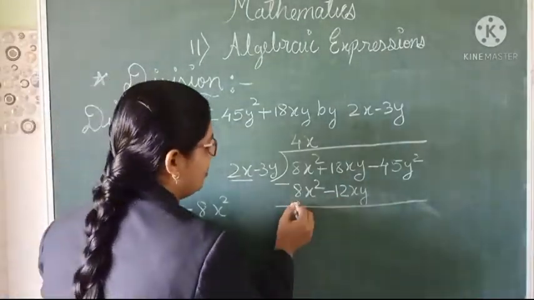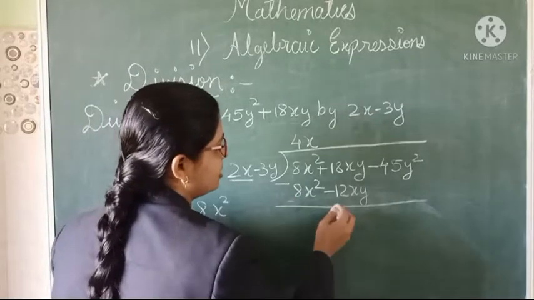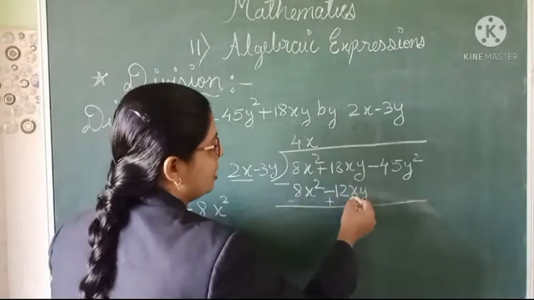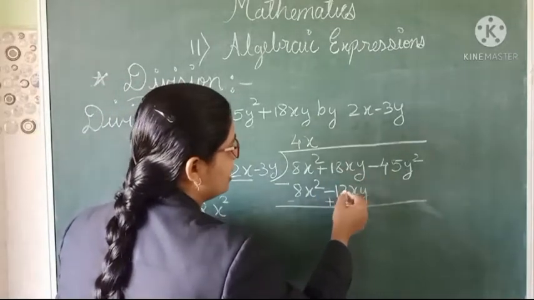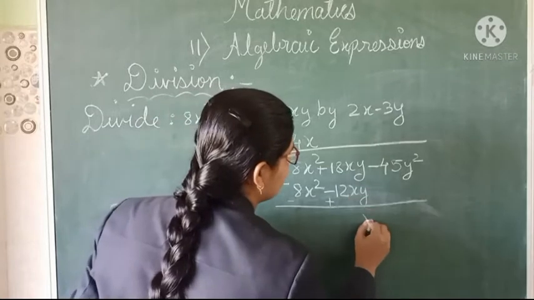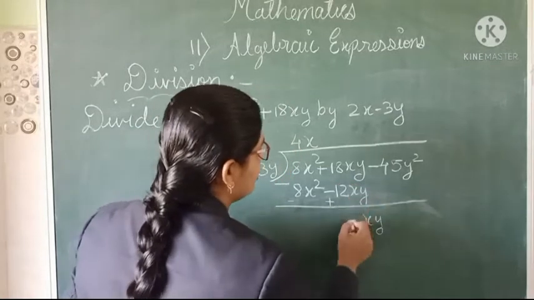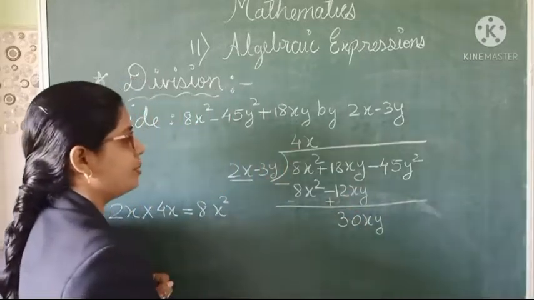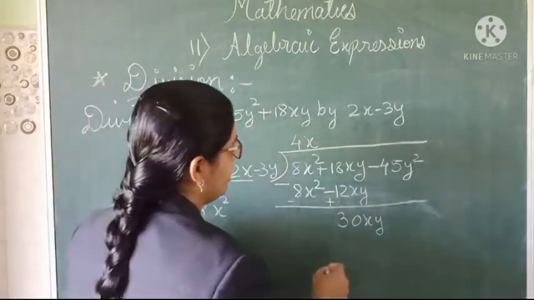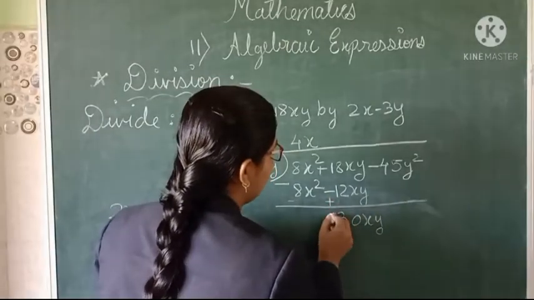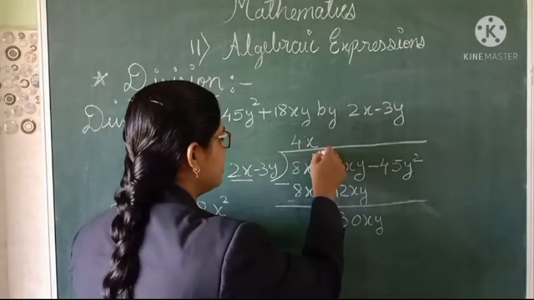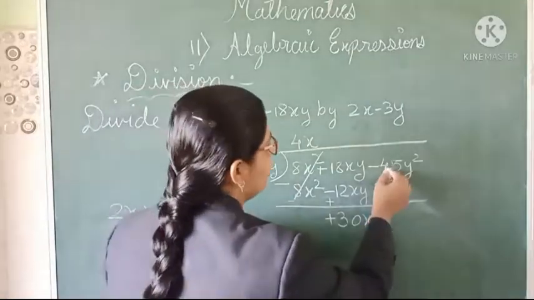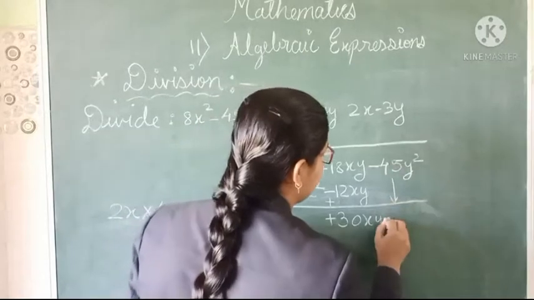So the sign of positive 8x square is negative, and negative 12xy will become positive. Now this we will solve. So 18 plus 12, how much? xy we will write as it is. So it is going to be 30xy and it will have the positive sign. And the positive and negative 8x square will get cancelled. Now bring the next term downside.